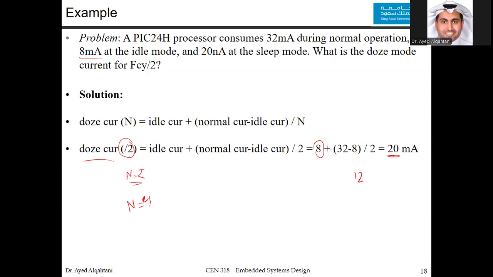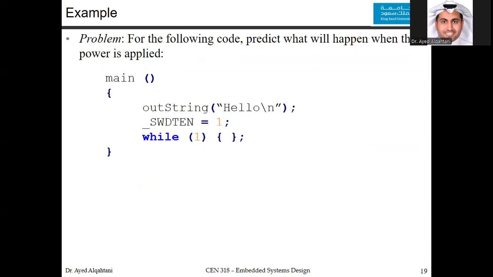Okay, let's have more questions. This question is for the watchdog timer manipulation, to understand the watchdog timer and how does it work. In this problem, you have a code, and you were asked to predict what will happen when the power is applied. So what will happen? You have a string, it will show up in an LCD, let's say, hello message.